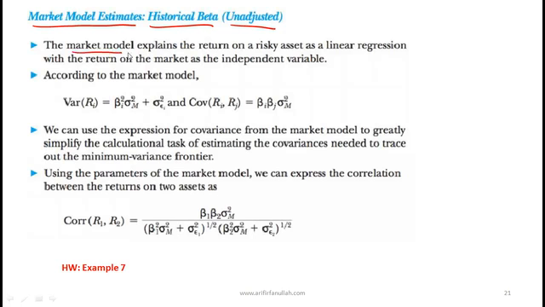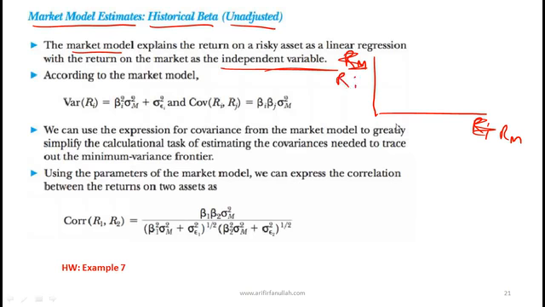The market model explains the return on a risky asset as a linear regression with the return on the market as the independent variable. Normally your independent variable is on the x-axis, and this is the return on a given stock. So you run this regression, get your scatter plot and come up with the best fit.